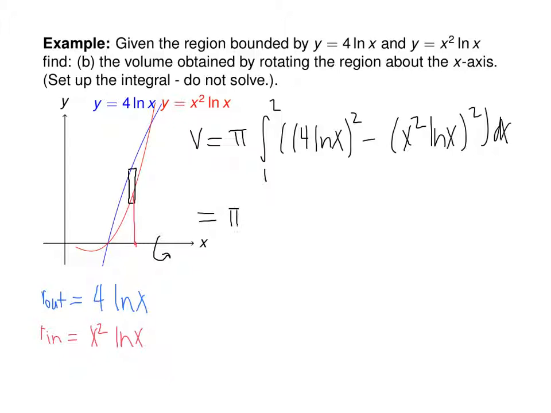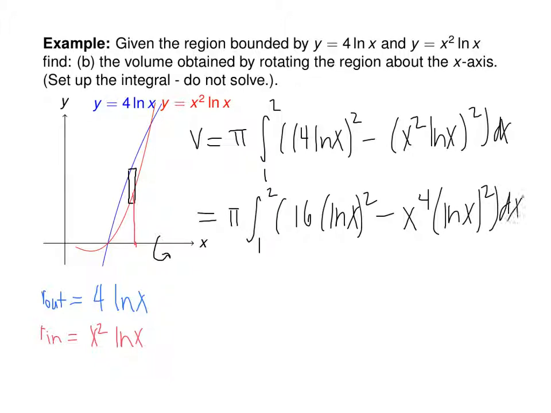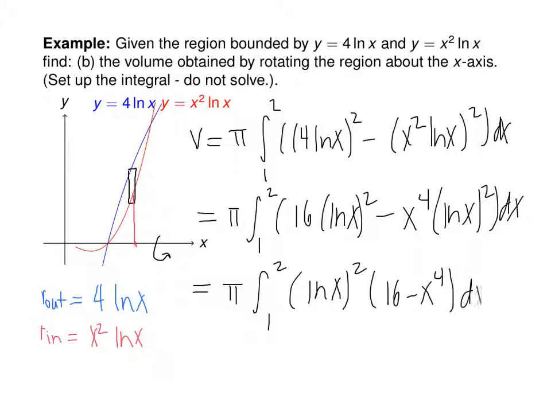So you have pi times the integral from 1 to 2 of 16 ln x quantity squared minus x to the 4th ln x quantity squared dx. And if we factor out an ln of x squared, we'll have ln of x squared times 16 minus x to the 4th dx. And if you were to evaluate that, you would find the volume of the region obtained when this region is rotated about the x-axis.